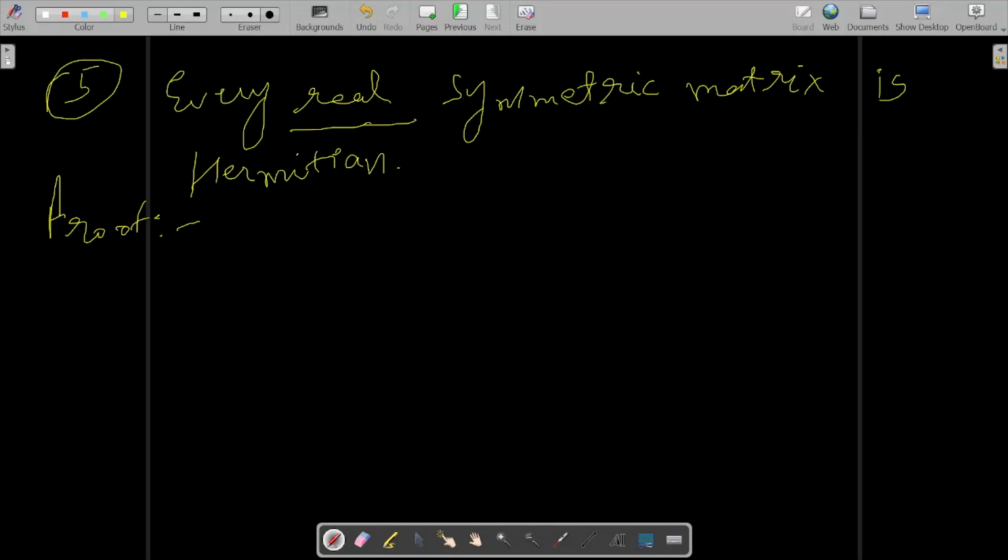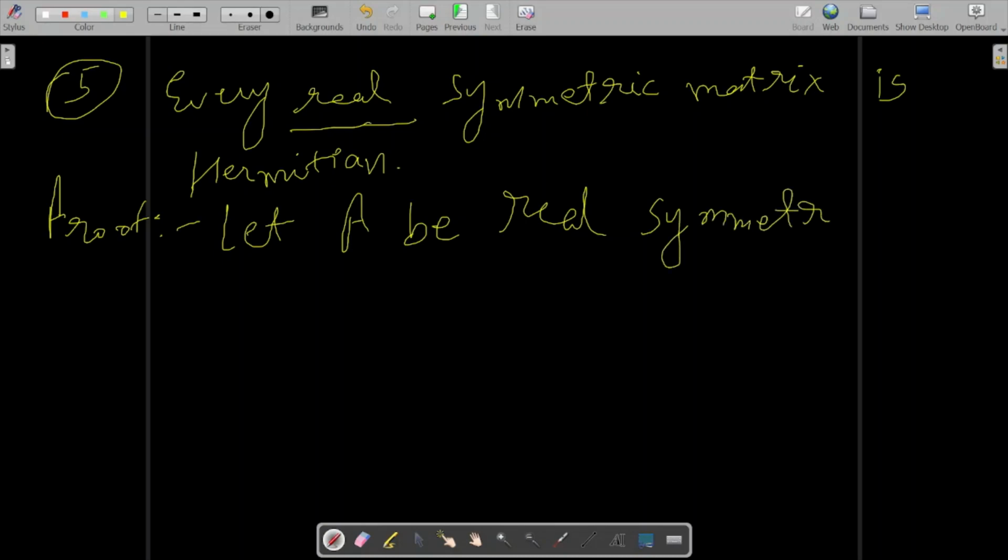Let A be a real symmetric matrix. Then by the definition of symmetric matrix, we have A equal to A transpose. Now we will take the conjugate on both sides.